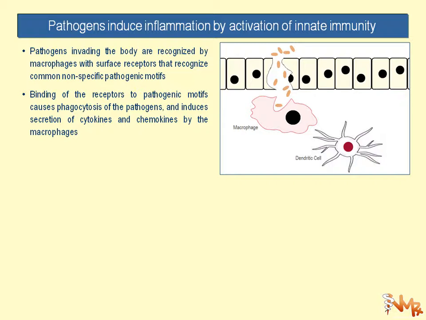After phagocytosis, they initiate secretion of cytokines and chemokines. And those are the ones that allow communication of these macrophages and dendritic cells with other innate or adaptive cells of the body. Chemokines attract more neutrophils and monocytes from the bloodstream into the site of intrusion.